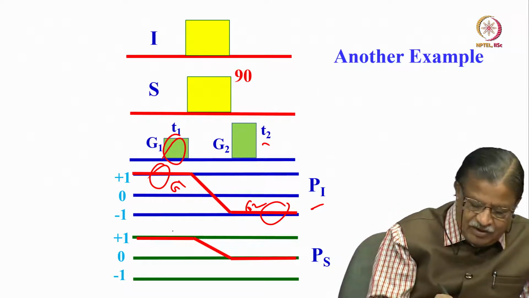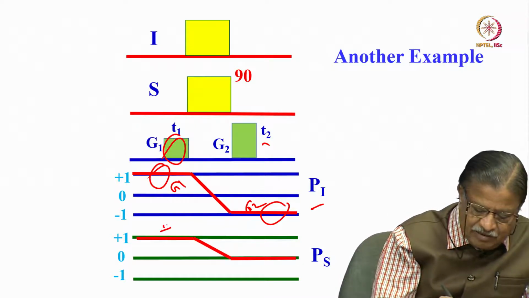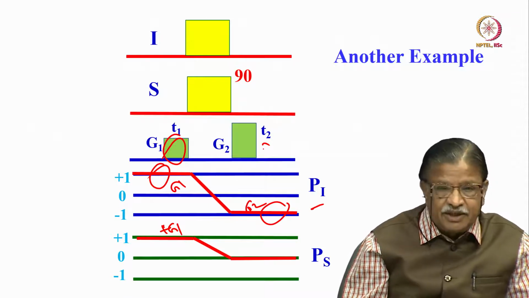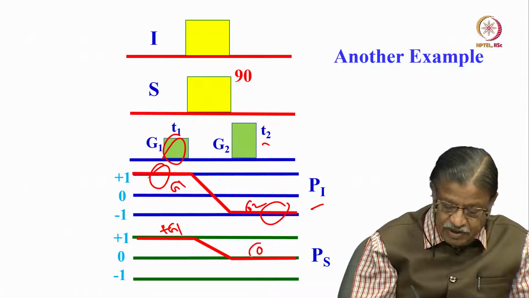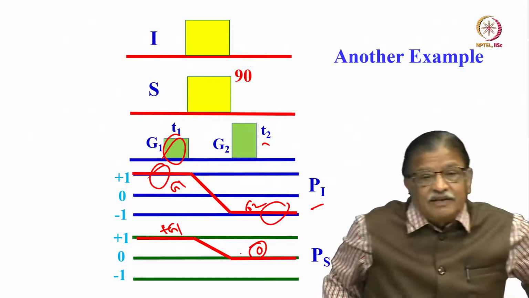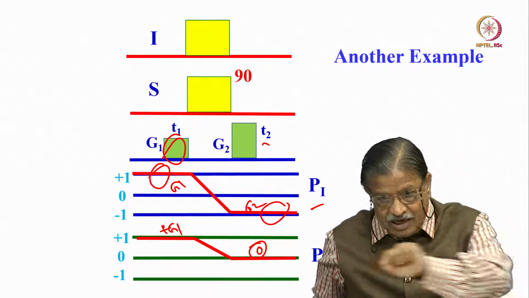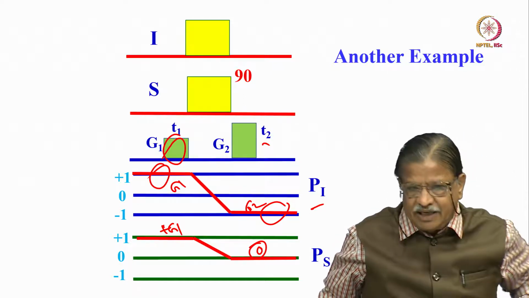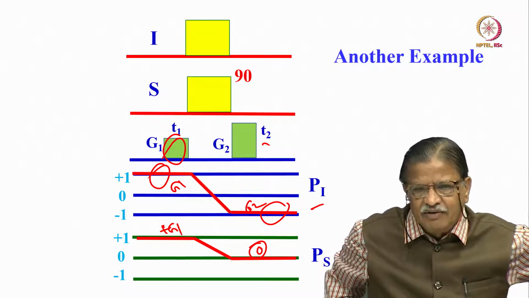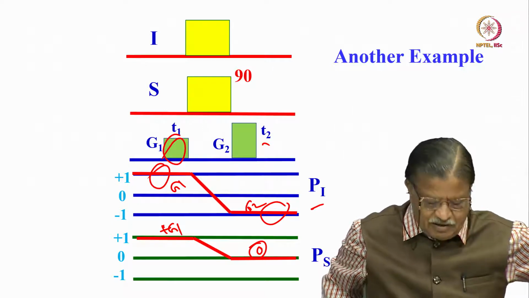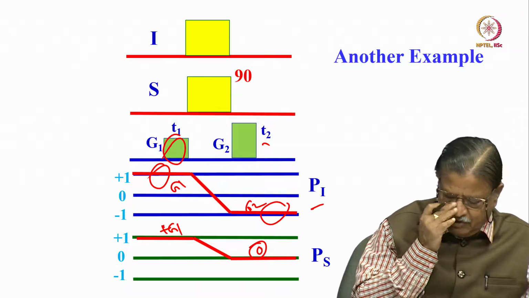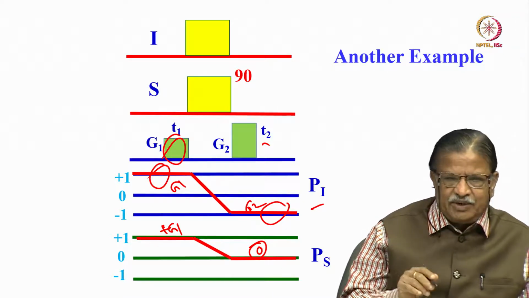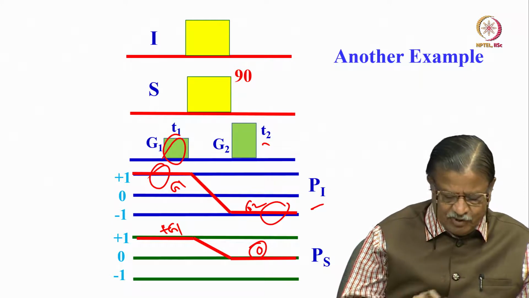S is plus 1 during gradient G1, and during gradient G2 this is 0. Now, unlike in the previous example where minus 1 was running continuously during G1 and G2 for I spin, now I have changed it. Pi and Ps are different for both G1 and G2, for both the gradients.